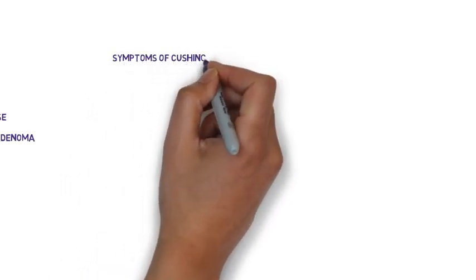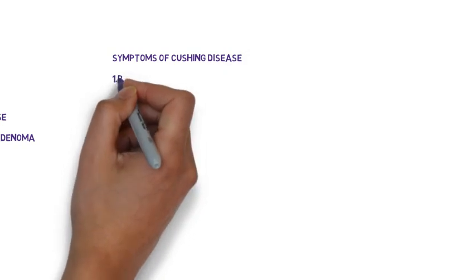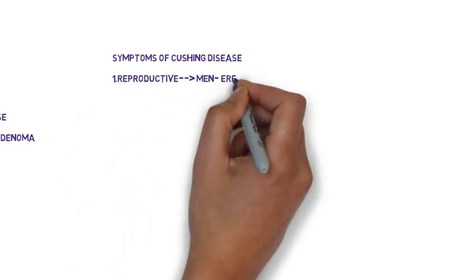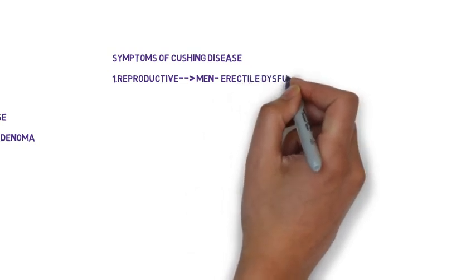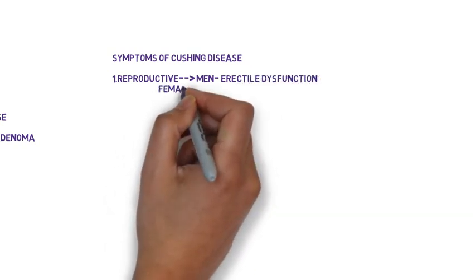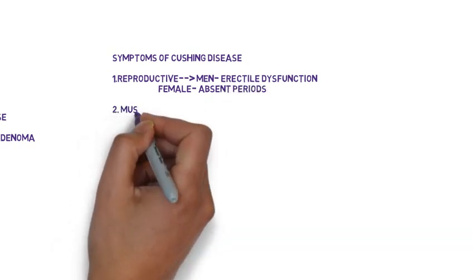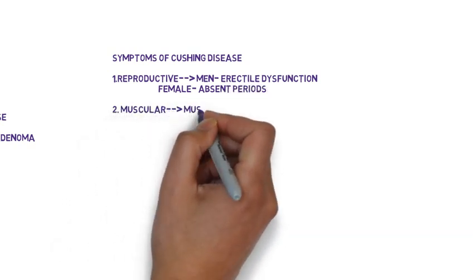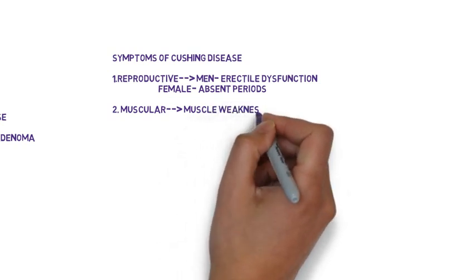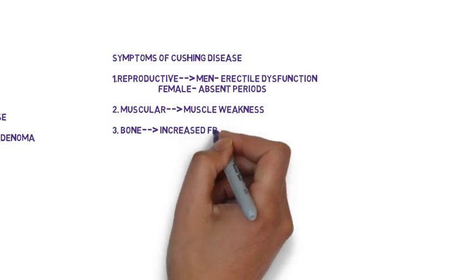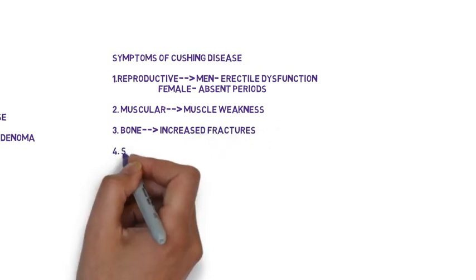And basically, a question you will get asked a lot, I know I got asked this a lot at med school, is what are the symptoms of Cushing's disease? So these can be divided into different systems. Reproductively, men will have erectile dysfunction, females absent periods. Muscular system, there'll be muscular weakness.